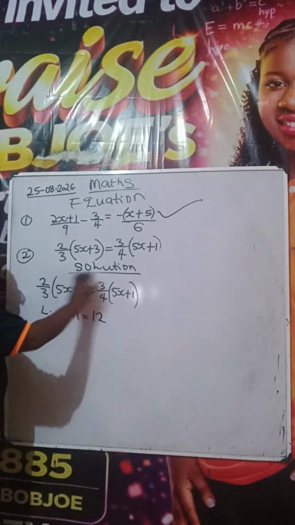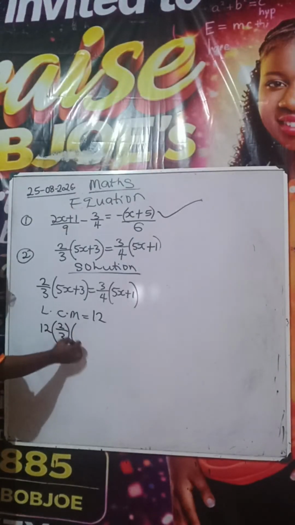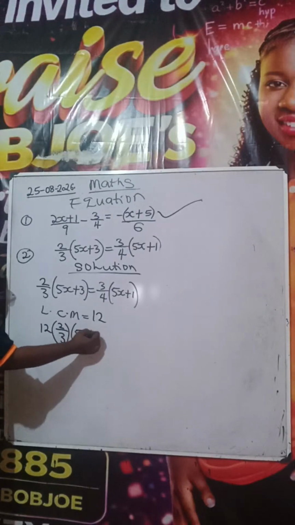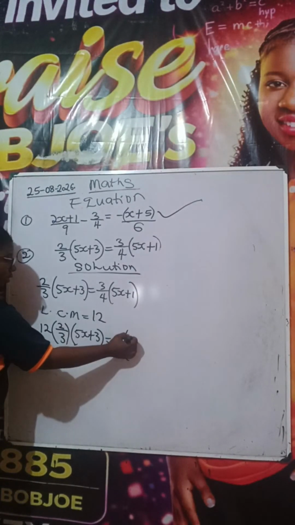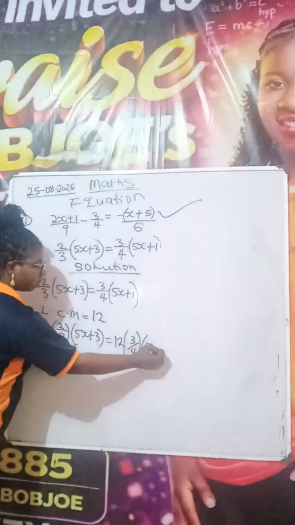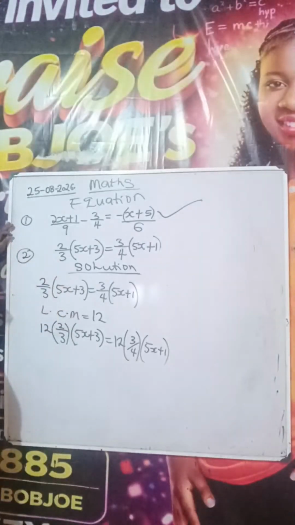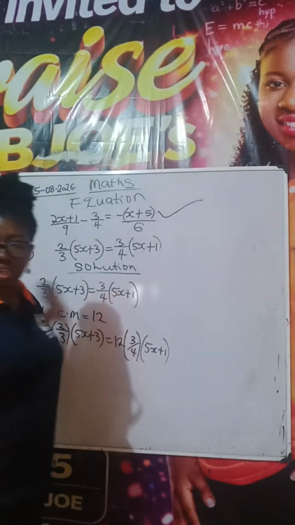Times here by 12, times here by 12. We have 12 multiplying 2 over 3, 5x plus 3 equals to 12, multiplying this 3 over 4, then 5x plus 1. All right, now what do we do? We are going to divide it.